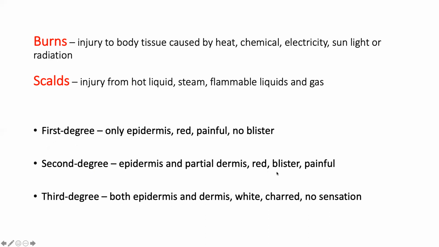It is red, there will be blisters, and it is still painful. In third-degree burns, both epidermis and dermis have been completely burned out, and therefore there will be no nerve fibers left, and there is no sensation. So a skin is made of epidermis and dermis, and these are the first-degree, second-degree, and third-degree burns.